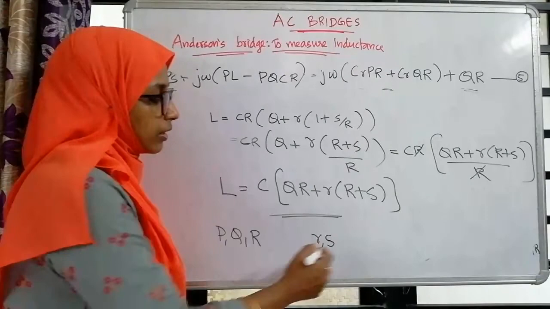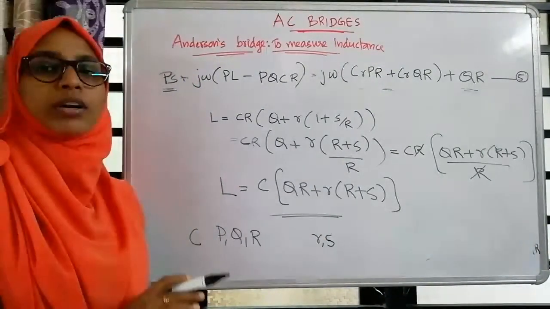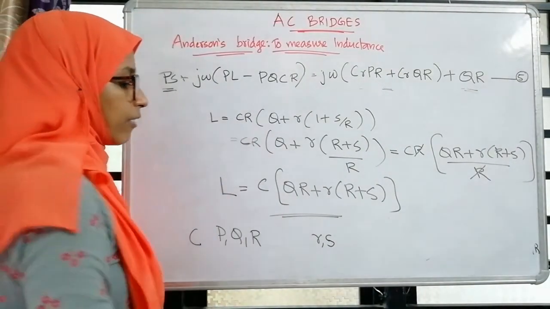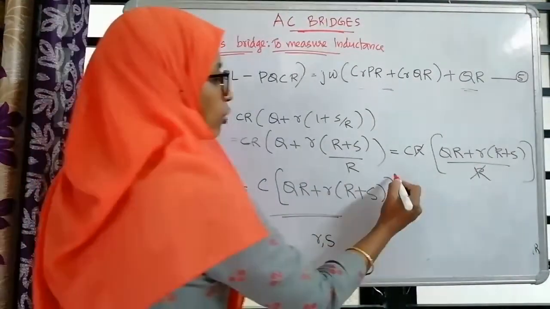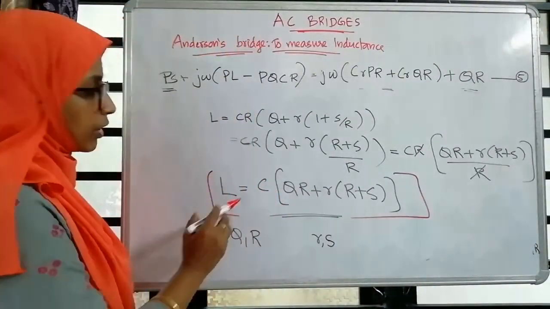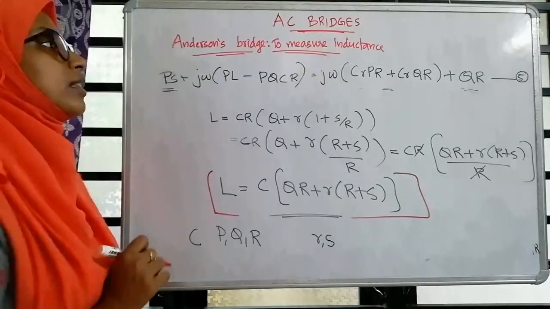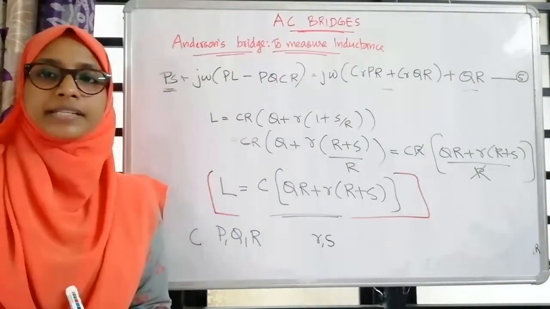By knowing these components, the capacitance and the resistances and the value of the variable resistance which we have applied in the circuit, we can easily find out the expression for the inductance. L is equal to C into (QR plus R) into (R plus S). That is the method to find out the inductance of a coil using the Anderson's bridge.